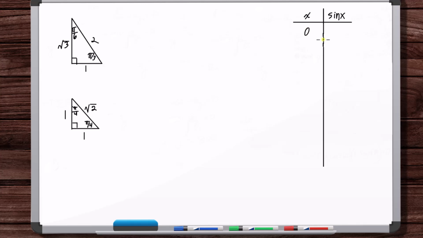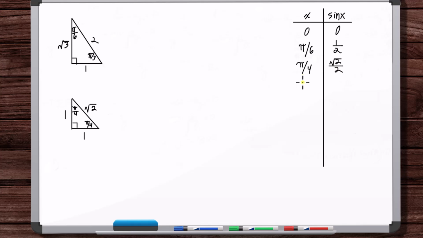So sine of 0 we know is 0. Now next is 30 degrees. That's opposite over hypotenuse, 1/2. 45 degrees is 1 over root 2, and if we rationalize that, that's root 2 over 2.